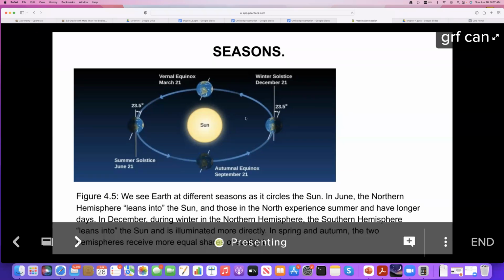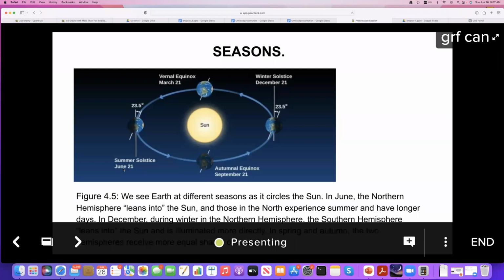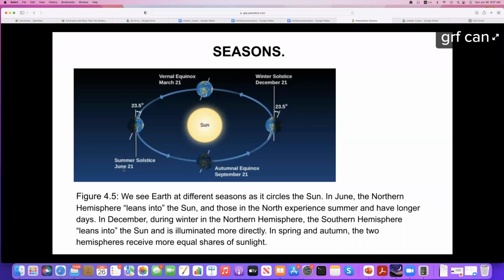But the completely opposite thing happens when it comes to June 21st. June 21st was the last day of the last week, right? That was the time of the summer solstice, which means the summertime starts for the countries in the northern hemisphere.